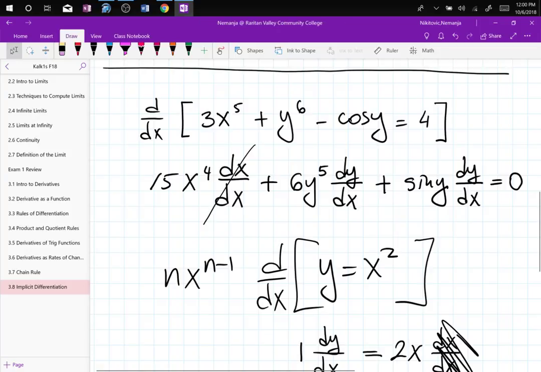Now you are at this line, and now you have to go and fish out dy dx. dx is gone, right? That's 1 times this is just that, right? So now, factor this, keep this to the other side, factor dy dx, and have it dy dx equals everything else.